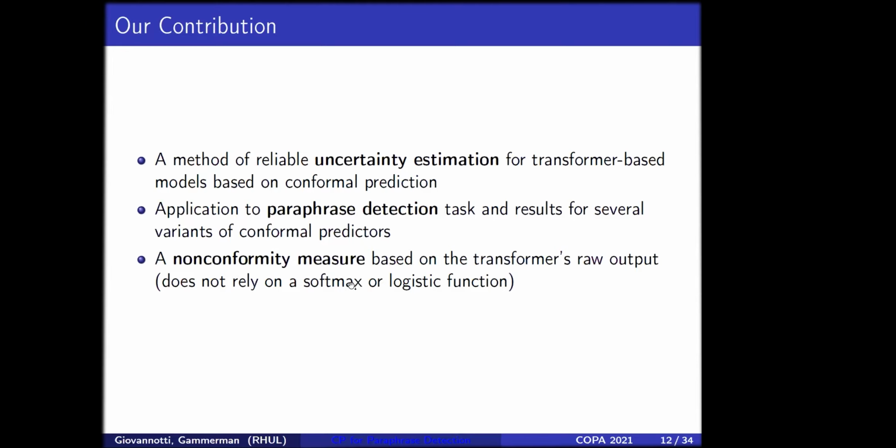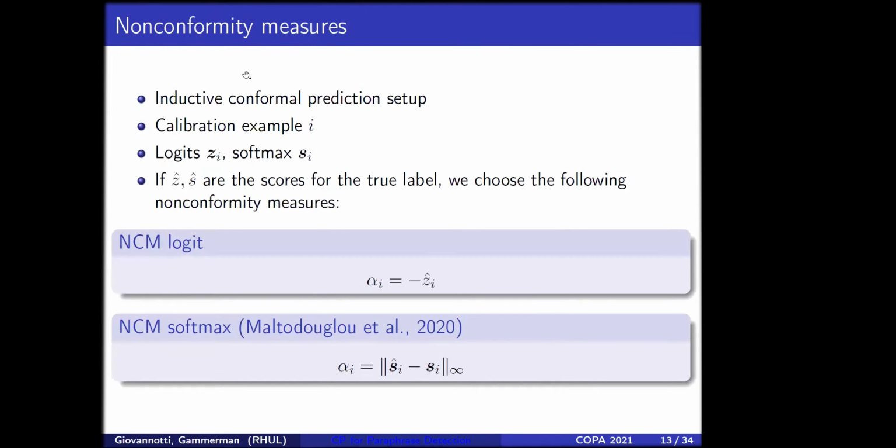So speaking of nonconformity measures, we will consider 2 different ones. For a calibration example i, we get logit Z and softmax S scores, and the hat symbol is representative of the true label. Our nonconformity measure is just the negated value of that logit.